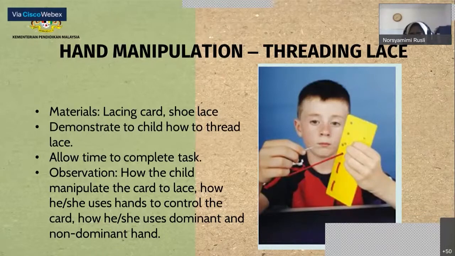The first thing for the threading lace activity is you need to demonstrate to the child first how to thread lace. Give one demonstration, and after that you can ask the child to thread lace using the lacing card and shoelace, and allow time for the child to complete the task.